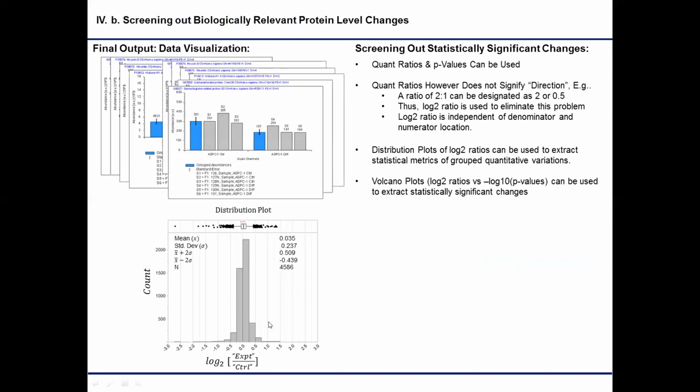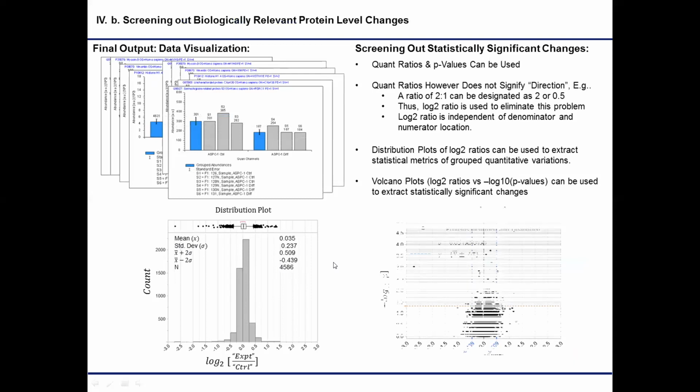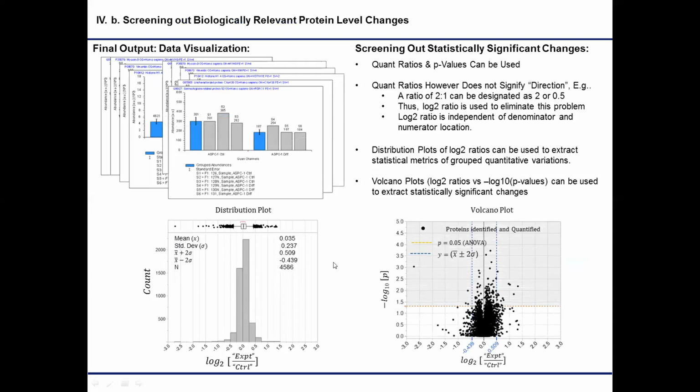And it is not asymmetric, it is almost a normal distribution where you can obtain the mean value and the standard deviation of 4,586 proteins.